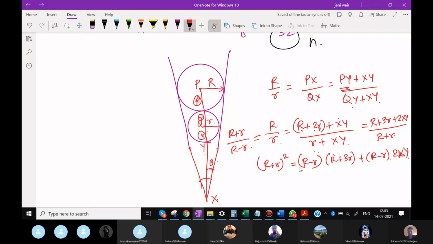Right? So you transpose this to this side, you get R plus r whole square minus R minus r into R plus 3r, by R minus r into 2, would be equal to xy.